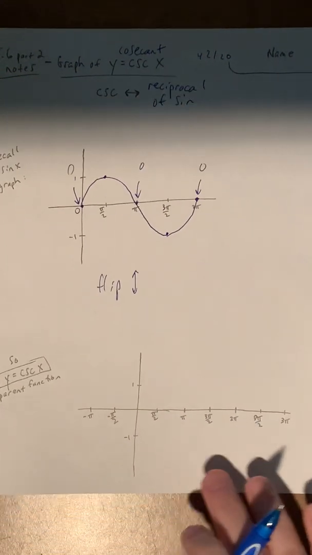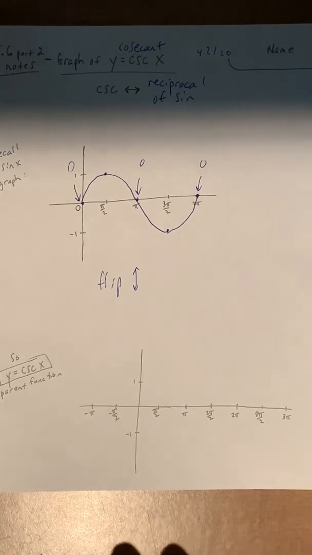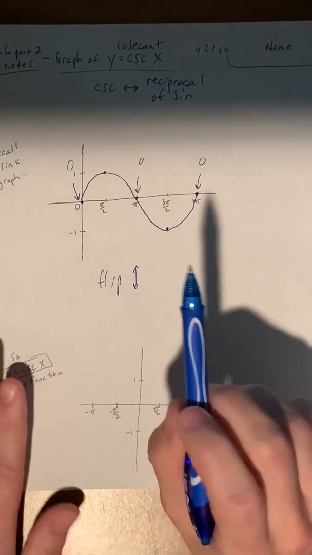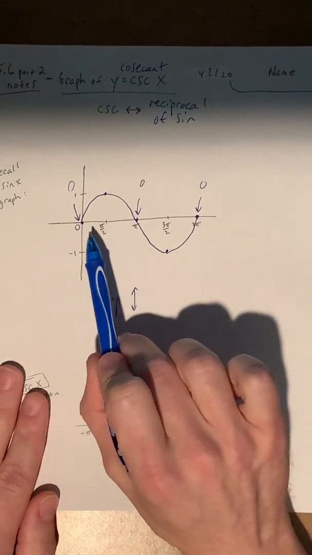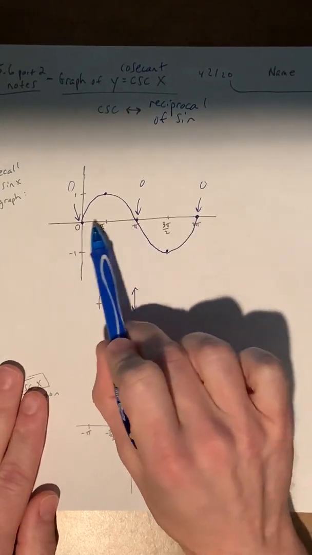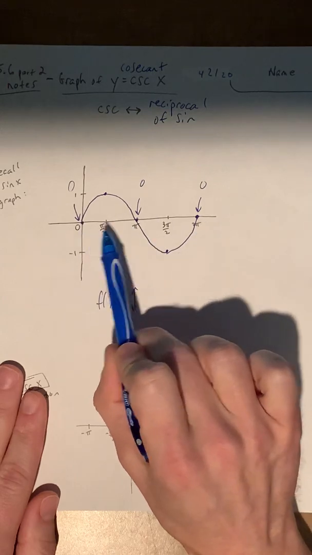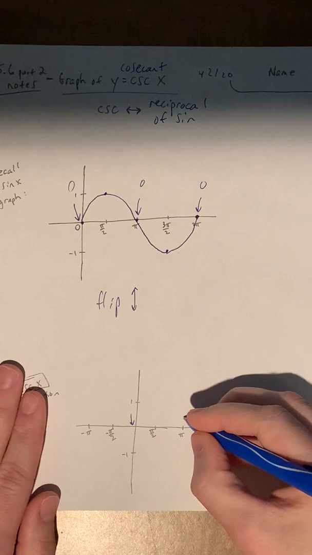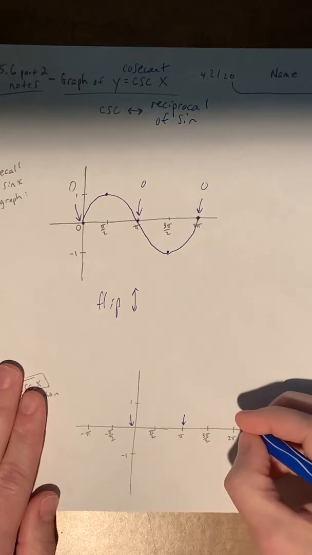So let's finally go ahead and look at the cosecant graph. Now, I said these 3 spots are important, where it crosses or has a value of 0. Here, here, and here.